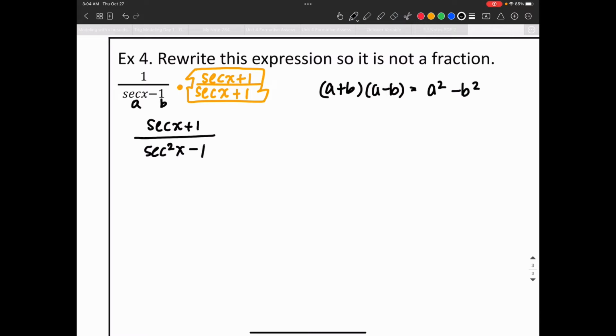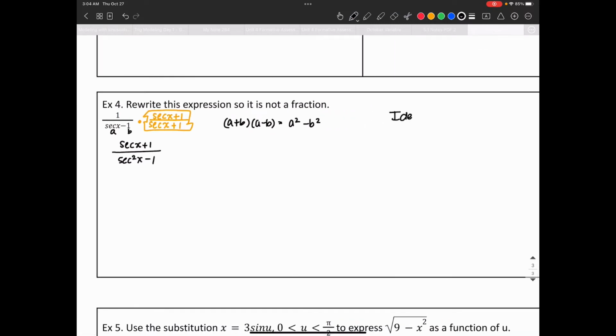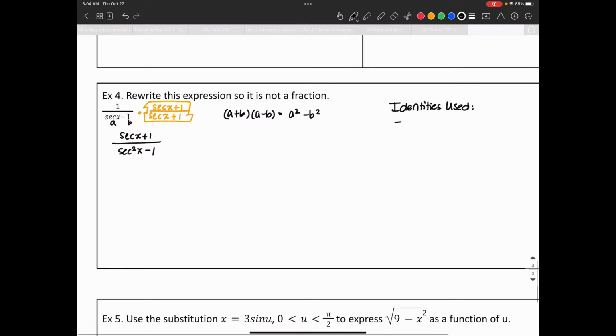If I do that, then off to the side, I'm going to write identities that I could use here to rewrite this thing. Secant squared of x and 1 together look like that Pythagorean identity with tangent and secant. The identity is tangent squared of x plus 1 is equal to secant squared of x.